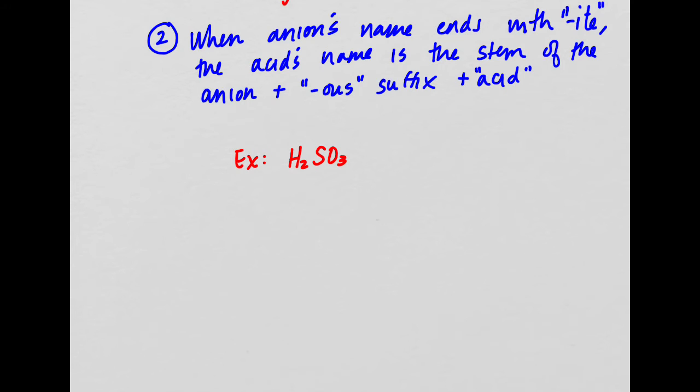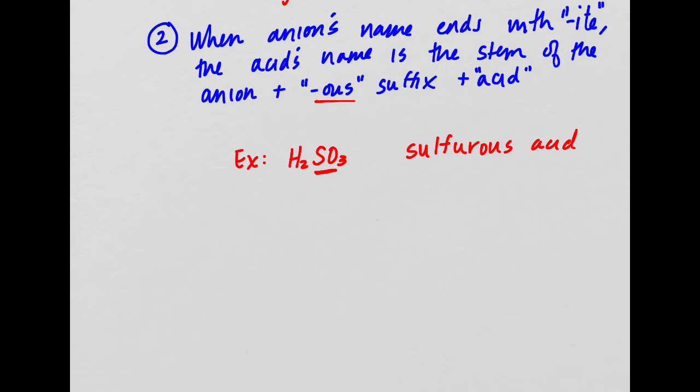So now the acid's name is the stem of the anion, which would be sulf, and instead of ite, we're going to add the ous ending. So this is going to be sulfus acid. No, sorry, I wrote that wrong. Sulfurous. Not sulfus, that sounds ridiculous. Sulfurous acid.